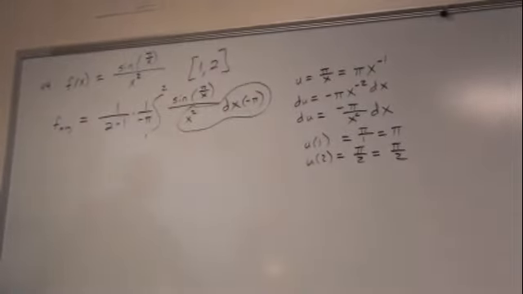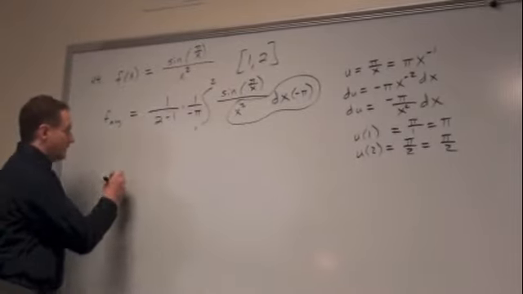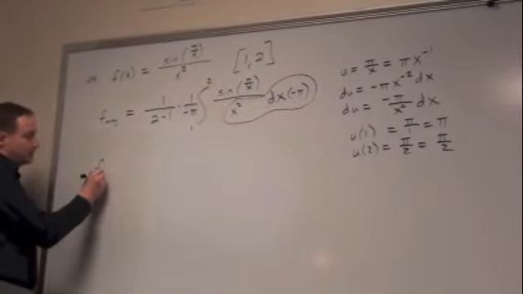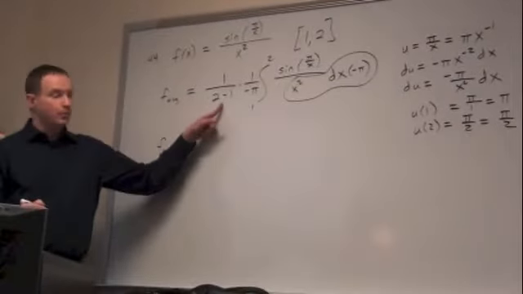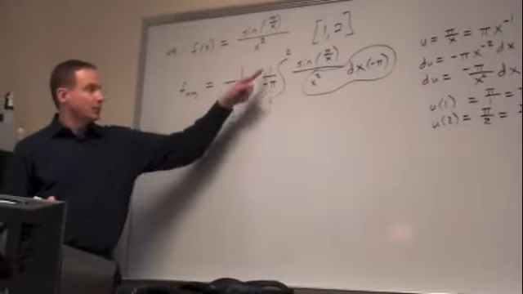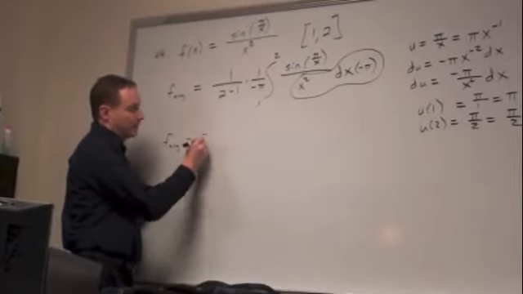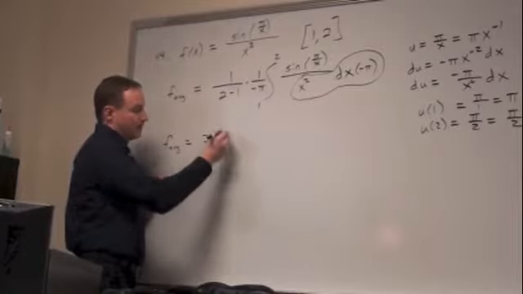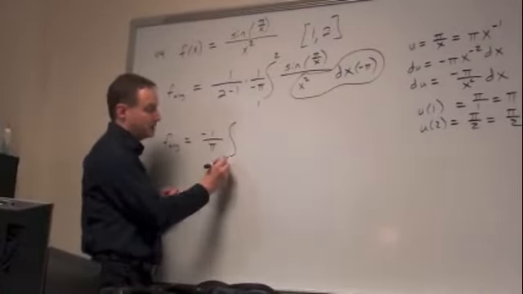So my new limits of integration, instead of 1 to 2, are pi to pi over 2. On the outside, the average value of this function is going to be given by 1 over 1 times 1 over negative pi. That's just 1 over negative pi. I would prefer to say negative 1 over pi, on the integral from pi to pi over 2.